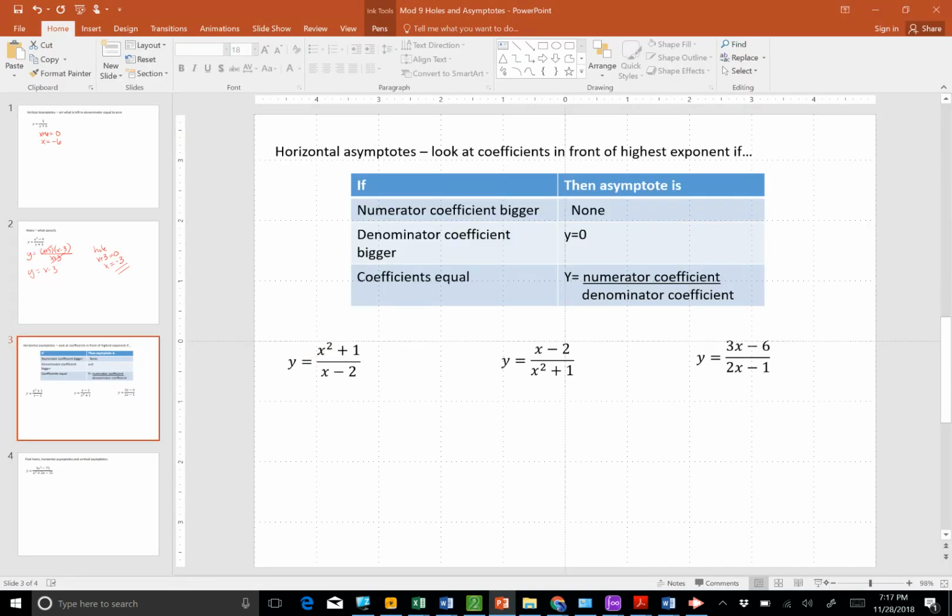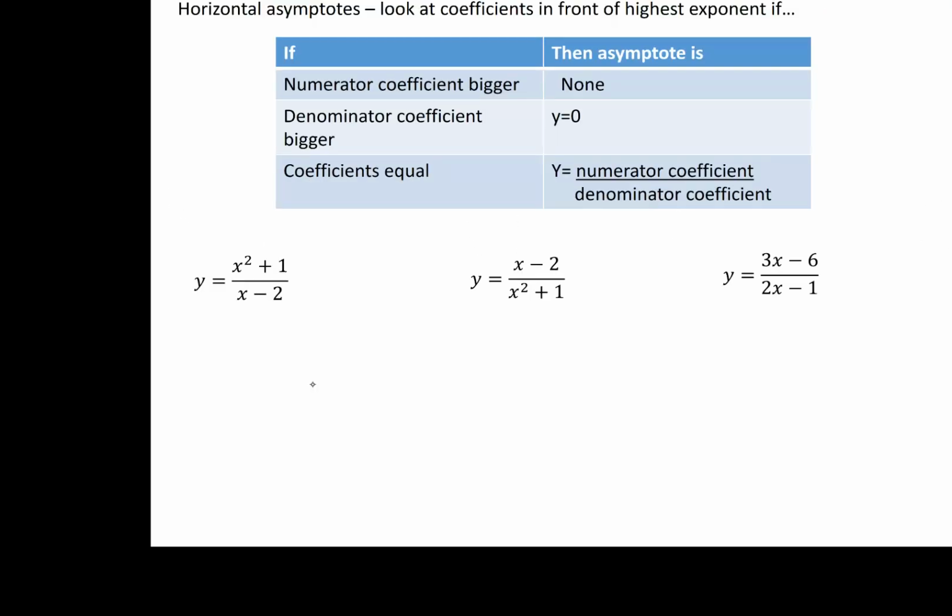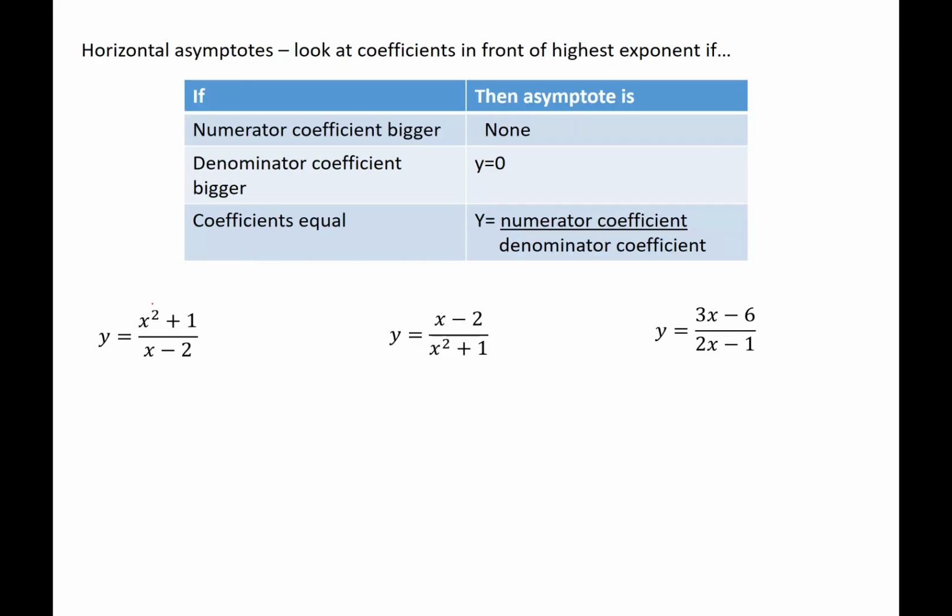So the next one's a little bit more complicated. A horizontal asymptote, what you have to do is you have to look at the exponents, and then we look at the coefficients in front of the exponent.